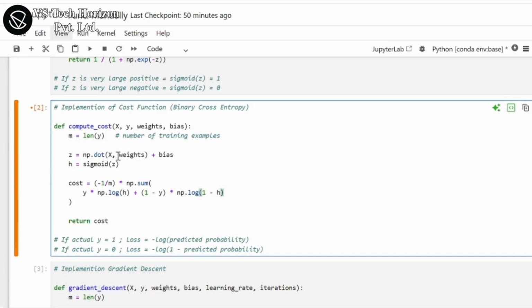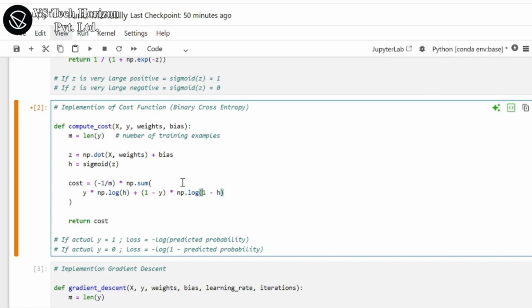Here np.dot(X, weights) multiplies the feature matrix with the weight vector, and plus bias shifts the decision boundary. This is the raw output before applying the sigmoid. Next, we convert the linear output into probability. In this step, h is equal to sigmoid(z). Now, each value is between 0 and 1. This makes it suitable for classification.